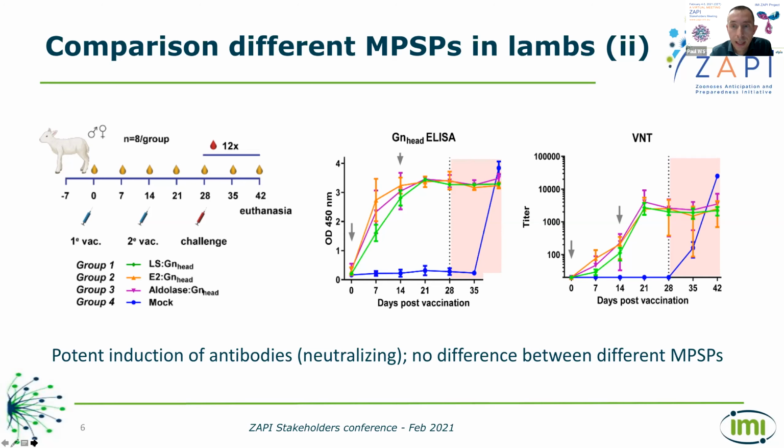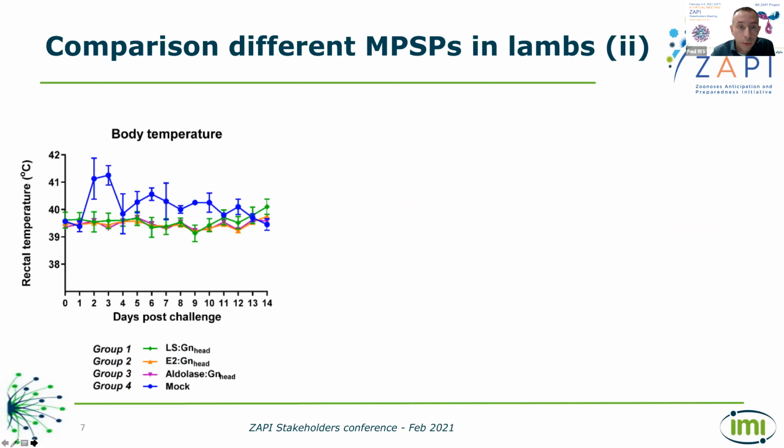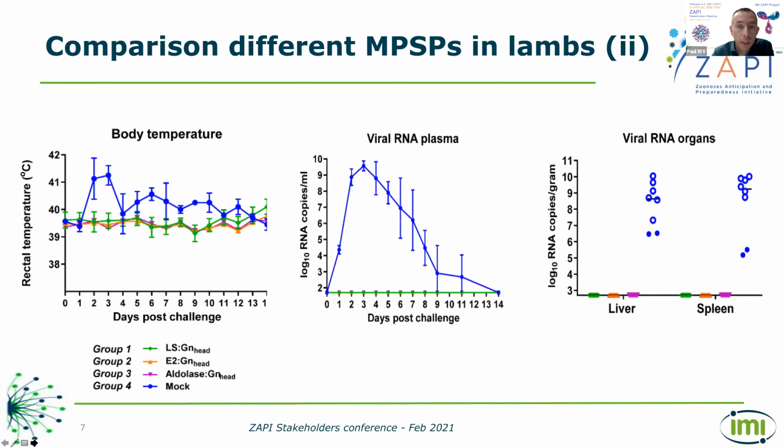This is on the next slide, with the body temperatures, in which we observe again that mock vaccinated animals develop disease. They present with an increase in body temperature, have very high levels of viral RNA in the blood, and also a lot of viral RNA and infectious virus in the liver and spleen samples.